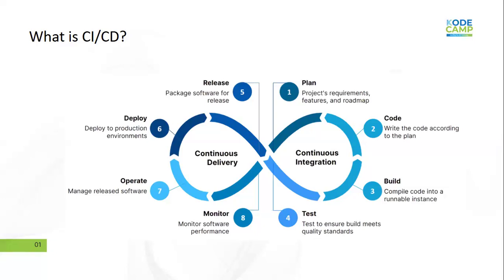Okay, so after the planning phase, the planning phase is the place where you talk about the software, talk about what is involved in building the software. Then after the planning phase comes the coding phase.